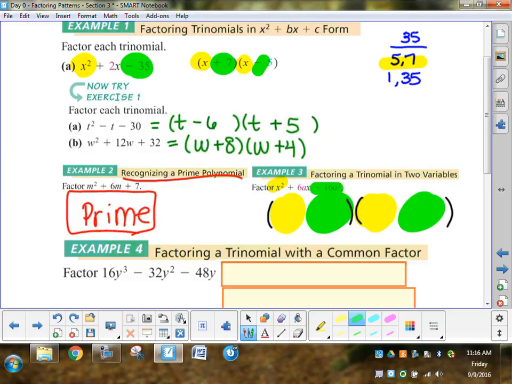The arrangement of them and the choices I make are going to cause me to get this 6a. What do I need to have in the yellow positions? Hands up, please, because you're going to be ecstatic when you see x squared. It's so basic, it's not even funny. What? You're going to fill an x in for both of those. Now, at the end, I've got some choices to make, because negative 16a squared, there are two different ways I can get it. Well, I guess 1,000 different ways, but using integer coefficients. Hands up, please, you can tell me one candidate for those green positions. Give me one.